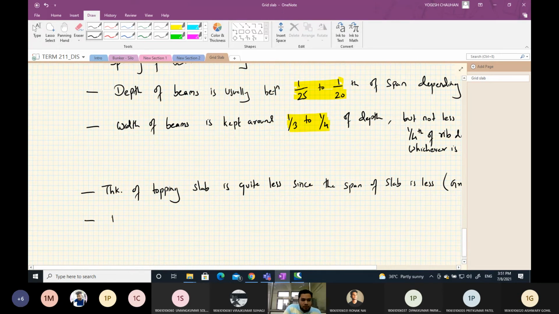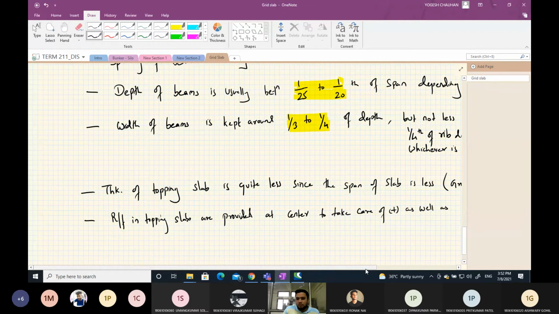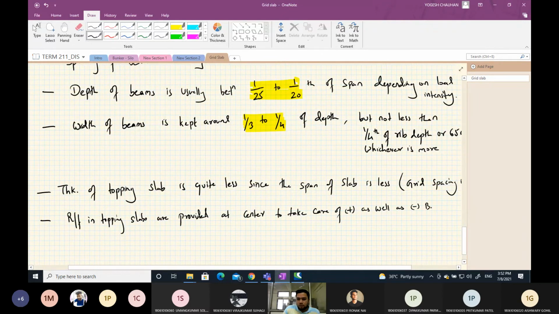And the reinforcement in the topping slab is provided at the center to take care of positive as well as negative bending moment in the slab.